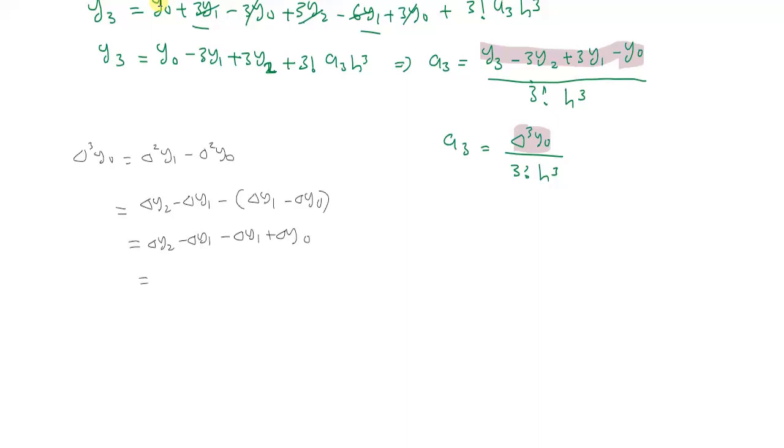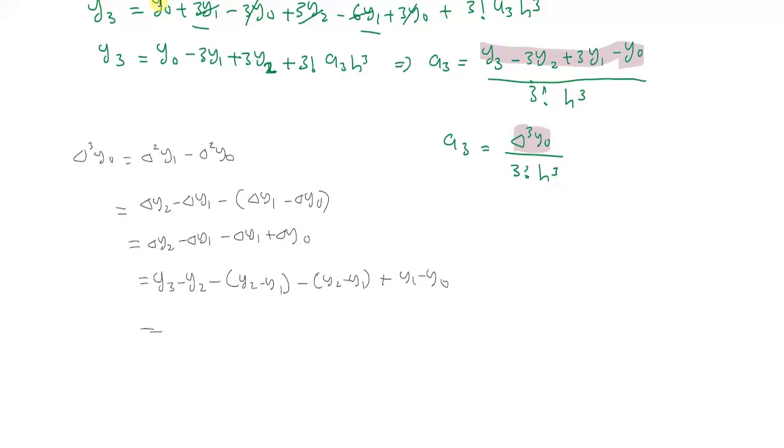Now delta y2 will be y3 minus y2, and this will be equal to y2 minus y1, then again minus y2 minus y1 plus delta y0, which is y1 minus y0.